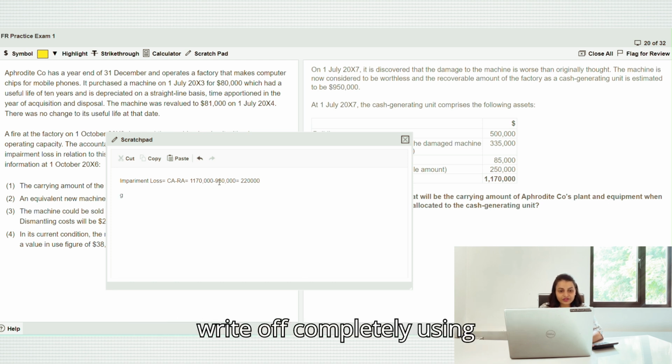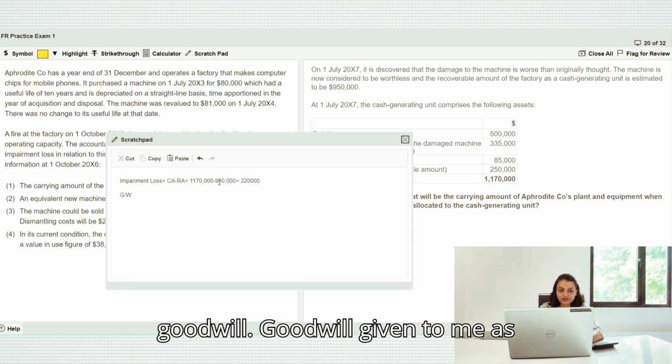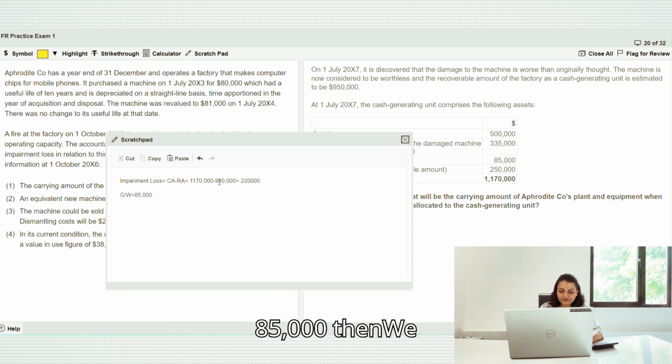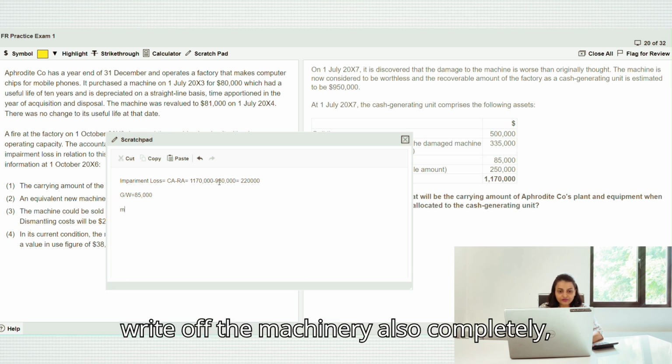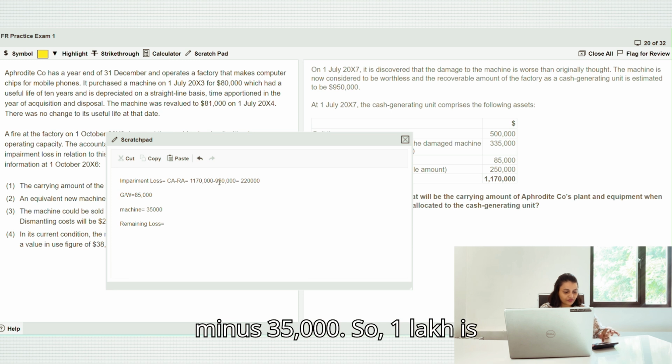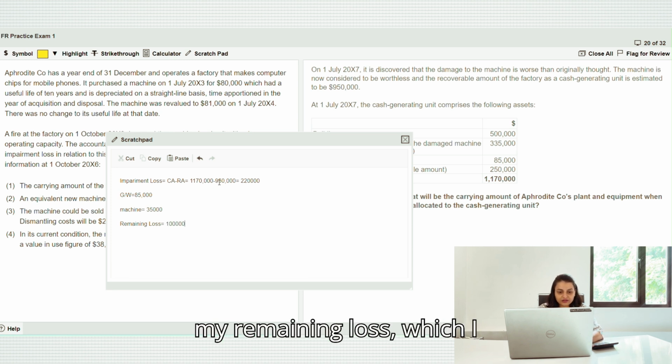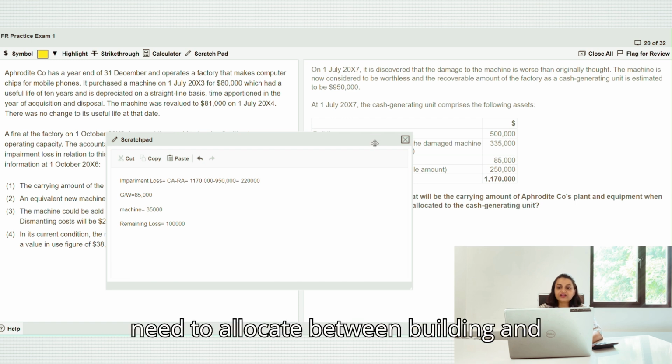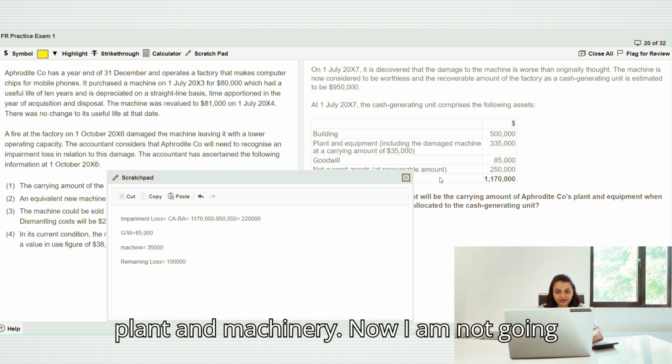First, write off completely using goodwill. Goodwill is given to me as 85,000. Then we know the machinery is damaged, so we will write off the machinery also completely, which is 35,000. Then the remaining loss is 2,20,000 minus 85,000 minus 35,000, so 1 lakh is my remaining loss, which I need to allocate between building and plant and machinery.